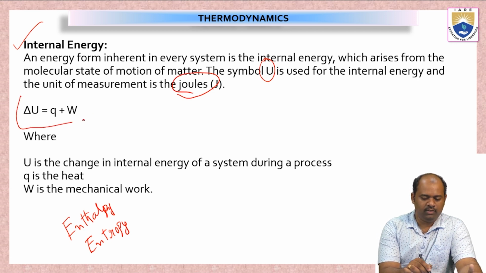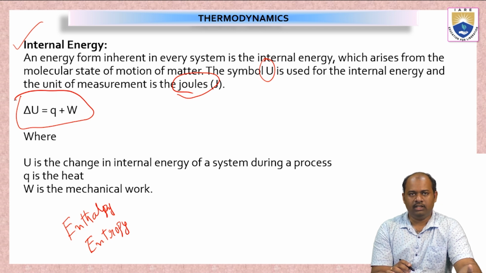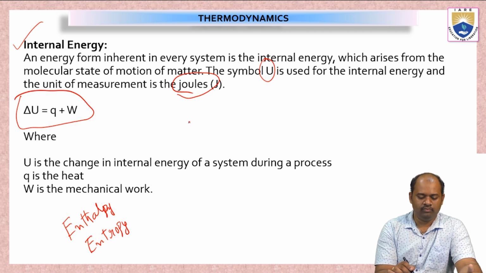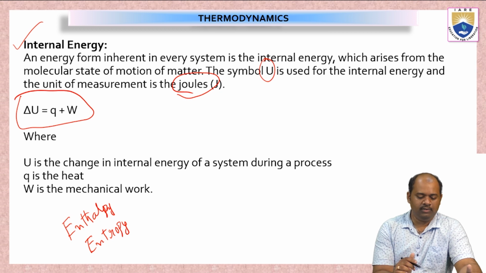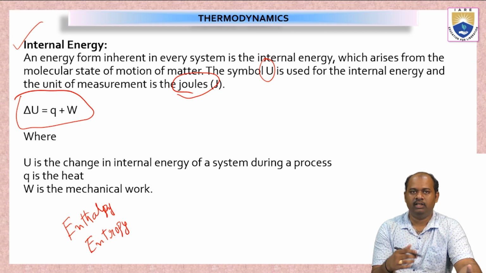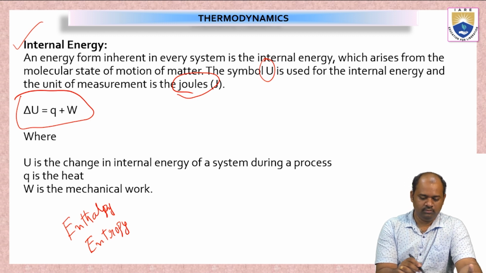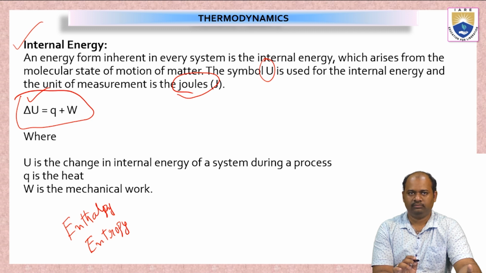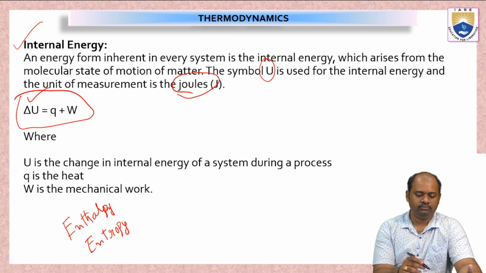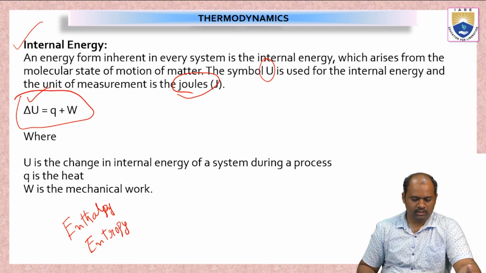Now here we have a formula for internal energy, where delta U is the change of internal energy, Q is the heat that is being supplied to the system or taken out of the system, and W is the mechanical work done by the system or done on the system. Okay. So delta U, the internal energy change, is equal to heat plus work: heat supplied to the system and work done on the system. So this is internal energy.